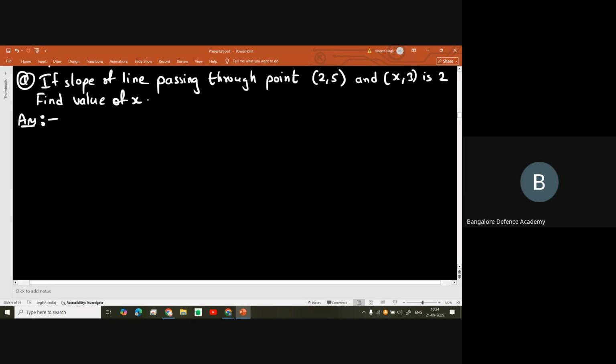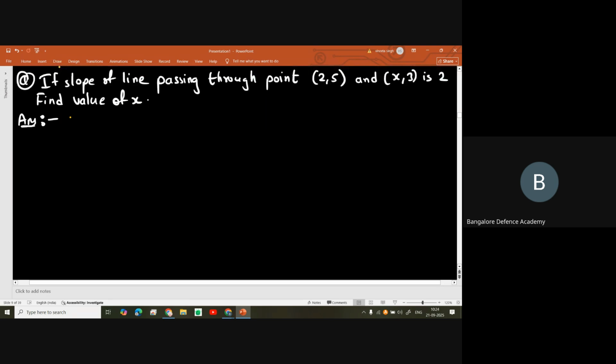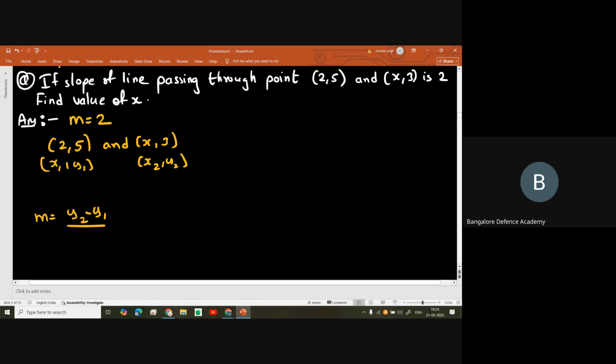Okay, shall we do it now? Look at this. Very easy question here. They have given the slope of the line, m is equal to 2, and they have given the point 2 comma 5, and the next point is x comma 3. So let us consider this as x1 comma y1 and this as x2 comma y2. What is the formula we know? M is equal to y2 minus y1 by x2 minus x1.